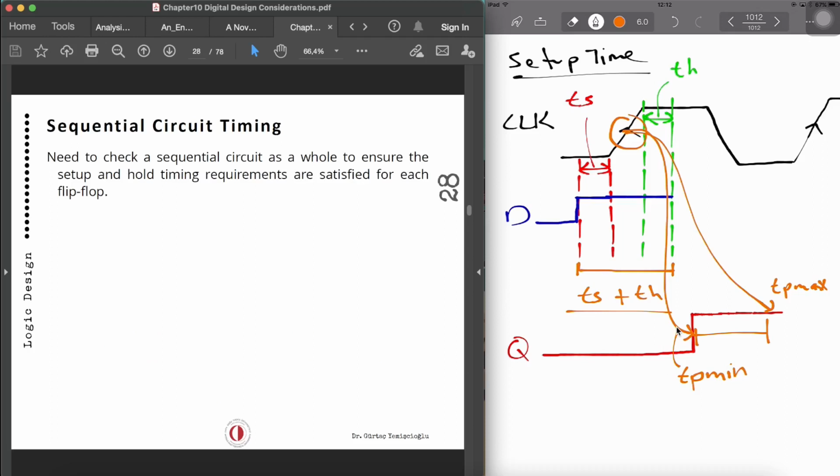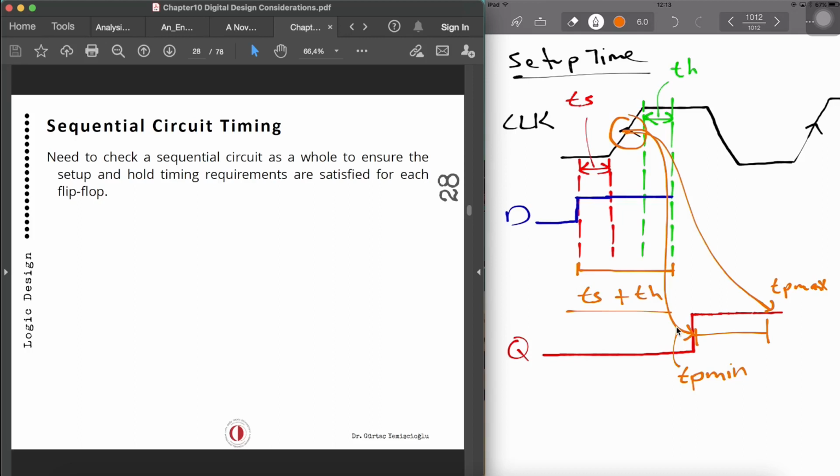So with sequential circuit timing, we need to check a sequential circuit as a whole, from one flip-flop or one latch to the other one. We have to make sure that all our timing requirements are satisfied, that your D input is not arriving late to the next flip-flop, so you have enough time to reach from one point to another.